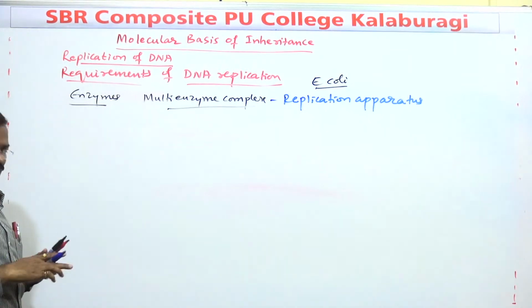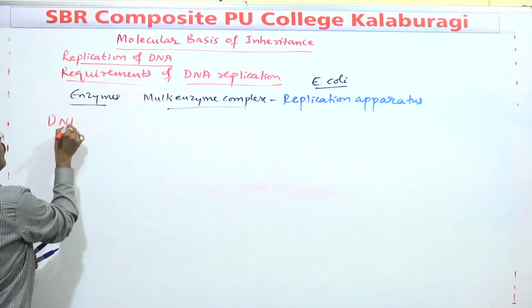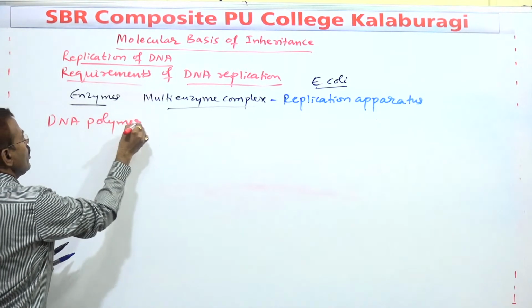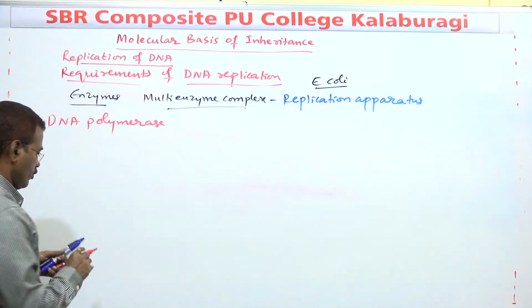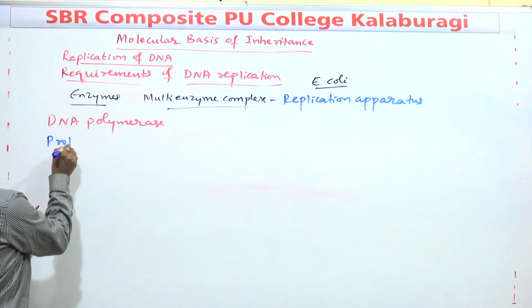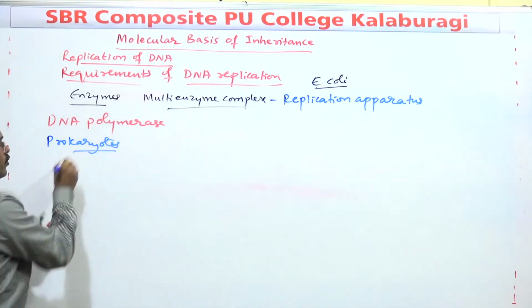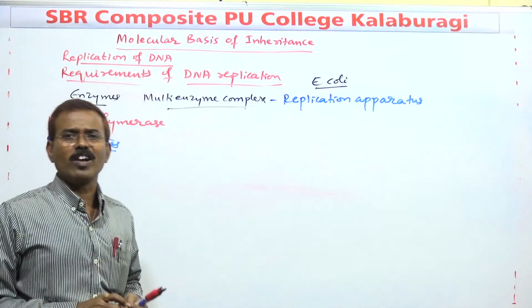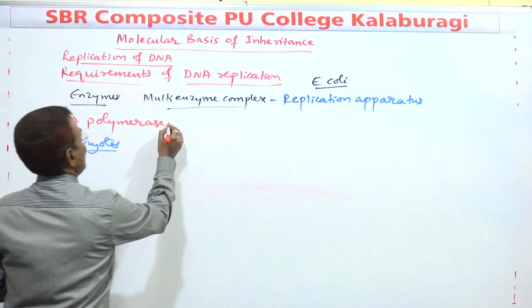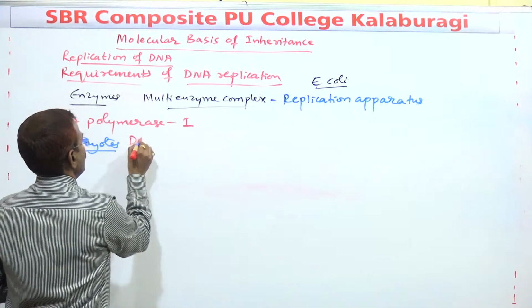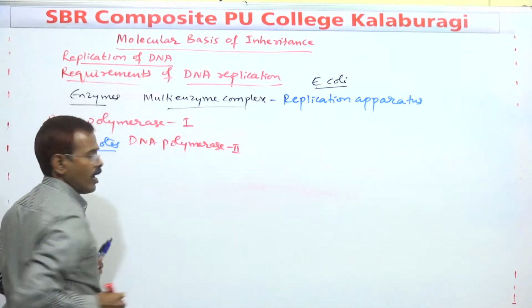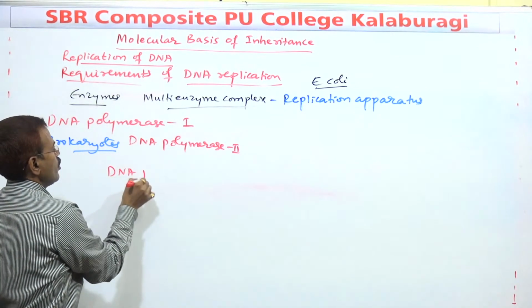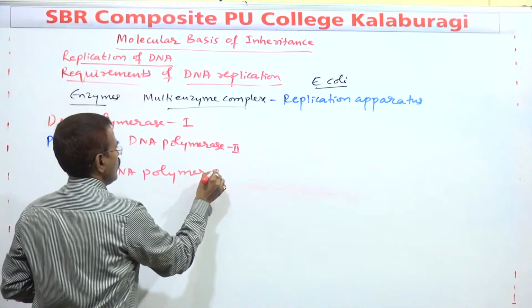Various important enzymes are there. The most important type of enzyme is DNA polymerase. In prokaryotes, three types of DNA polymerase enzymes are involved: DNA polymerase 1, DNA polymerase 2, and the most important one, DNA polymerase 3.